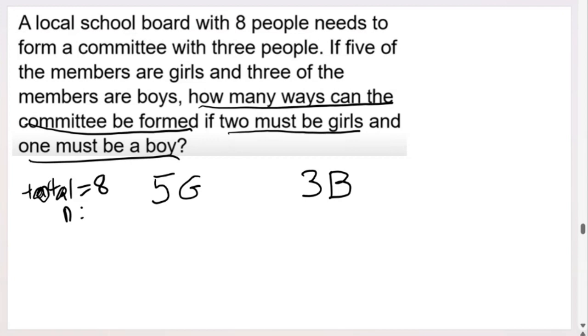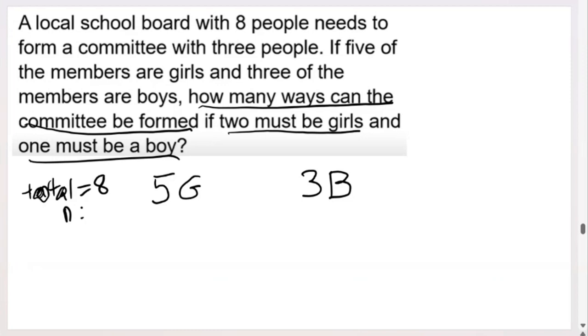Remember we are going to be choosing a committee of 3 people from this. That is your R. Your R is saying now you need to be choosing. How many can be formed? Out of 5 girls, you want to be choosing 2. That is selecting. Can you see where a combination is coming into play?